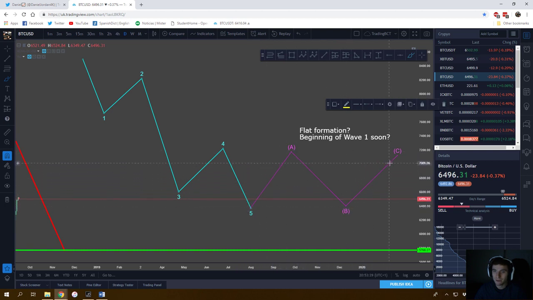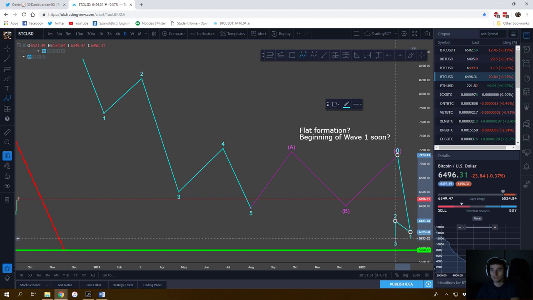Now we are seeing the price around here, and it very much looks like we are forming a flat formation, where we are foreseeing wave 1 continuing down, a very strong wave 1 down, 2, 3 for example, etc. We would then be hoping for our impulse wave 1 down after we've finished our ABC correction.